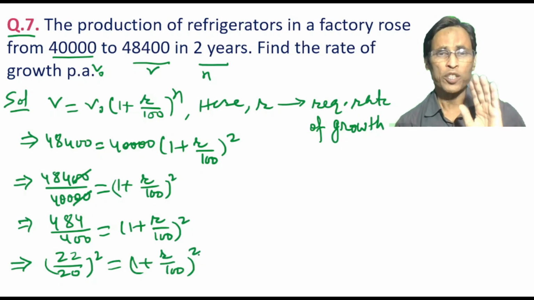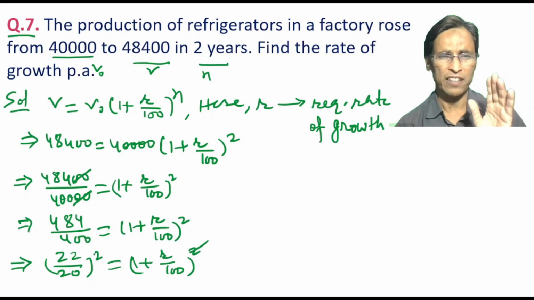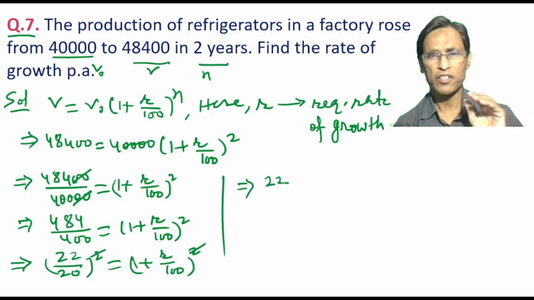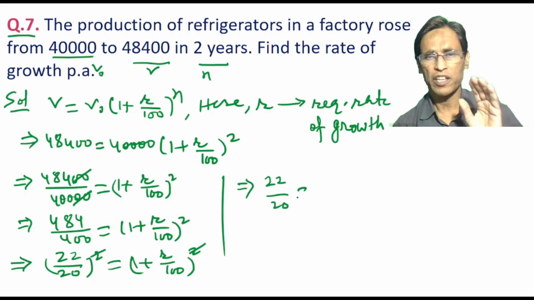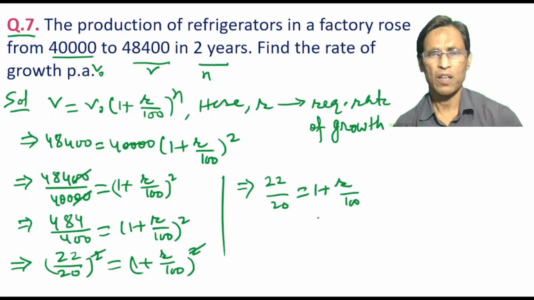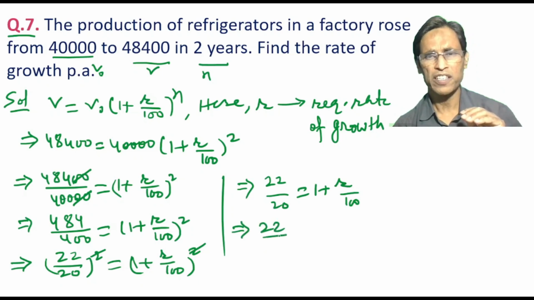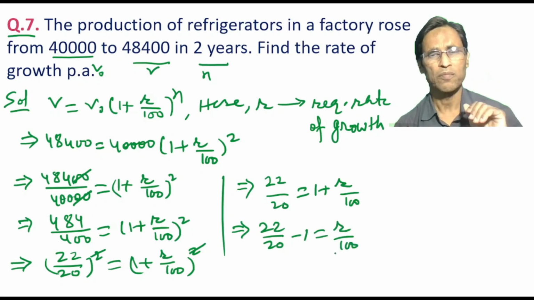By the law of exponent, the power 2 can be cancelled and then we get 22 by 20 equal to 1 plus R by 100. In simplification, we take 1 from the right side to the left side. Therefore, it will be 22 by 20 minus 1 equal to R by 100.